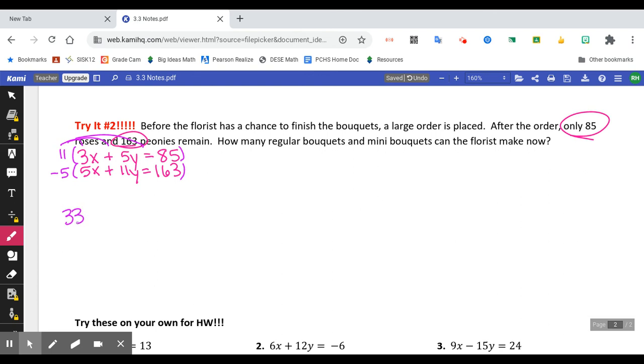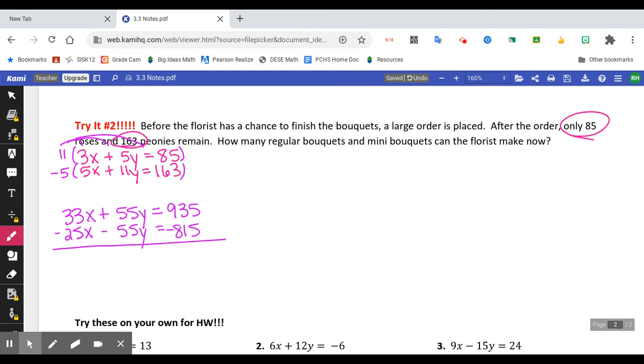I have 33x plus 55y equals 935. On the bottom, I've got negative 25x minus 55y equals negative 815.